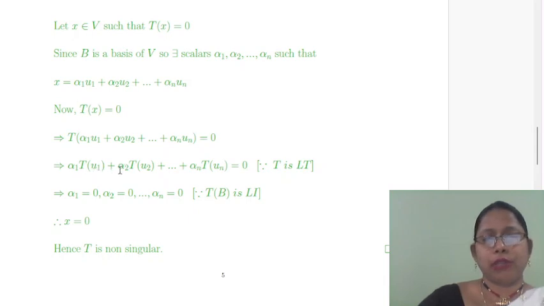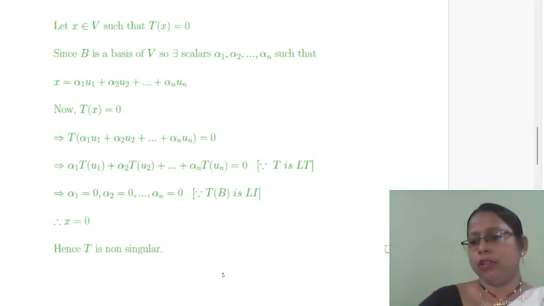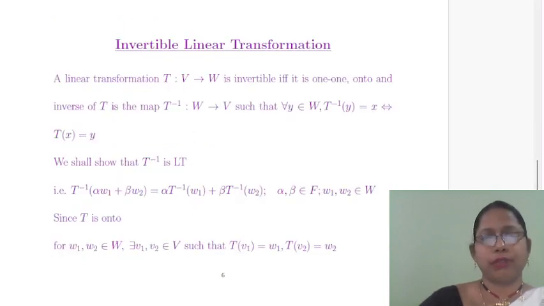As T u1, ..., T un is linearly independent, that is, this set T of B is linearly independent, these scalars are 0. Therefore x is 0. Hence T is non-singular, as T maps only the 0 element to 0. Hence the theorem.